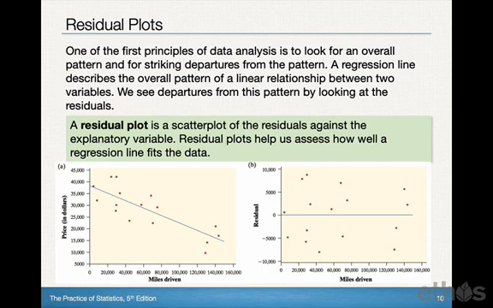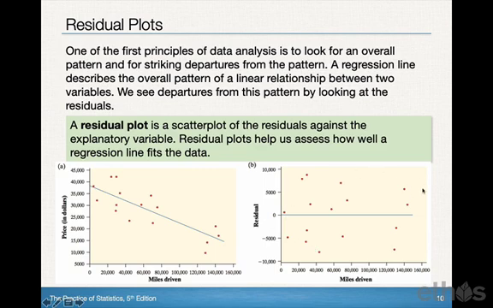Okay. And so what we're looking for in this plot to tell us whether this line of best fit is a good fit or not is we're looking for the residuals to be randomly scattered. We don't want patterns. Patterns would say that this line is systematically going wrong, or being overestimated or underestimated, or both.